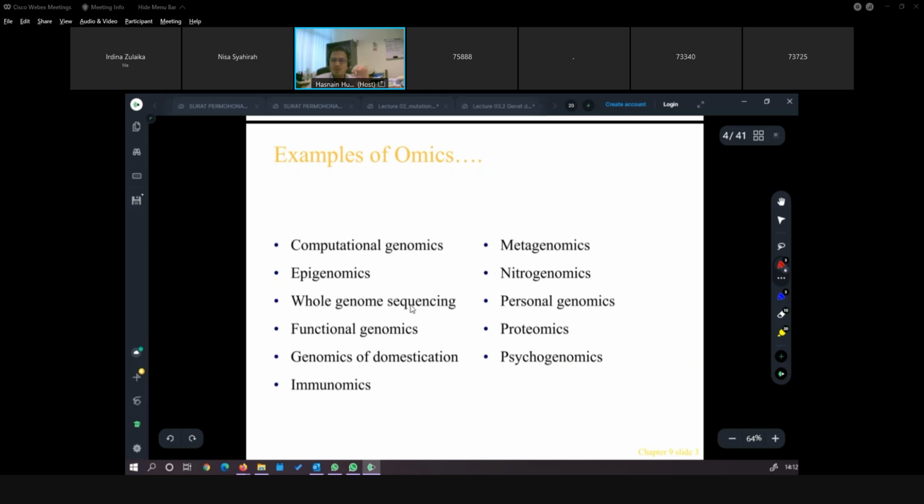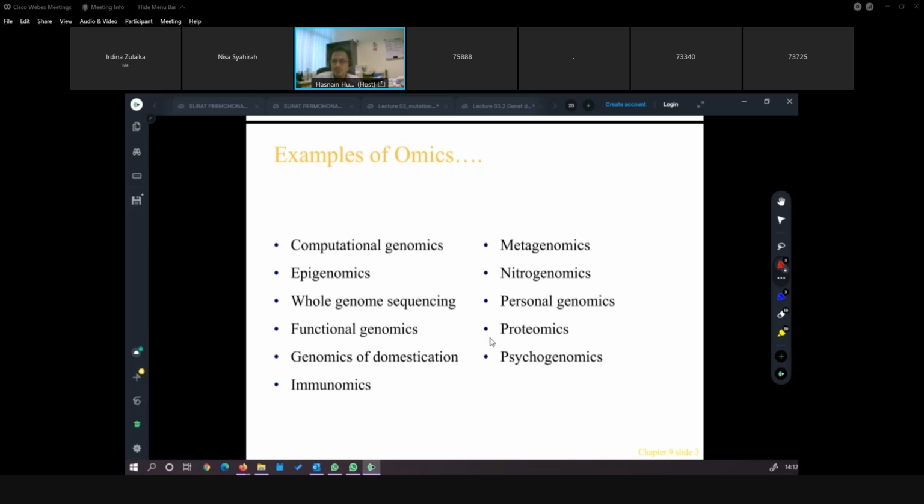And then from the genomics, with the genome, you can study the gene structure. And then from the gene structure, you can translate into protein. So you go into proteomics. But the actual study of proteomics is slightly different, where you study the protein collection.